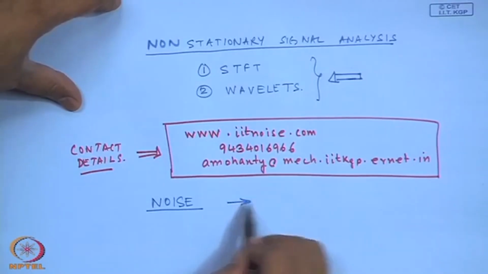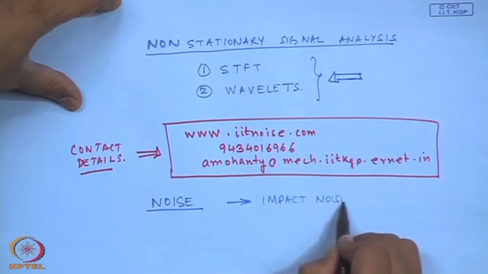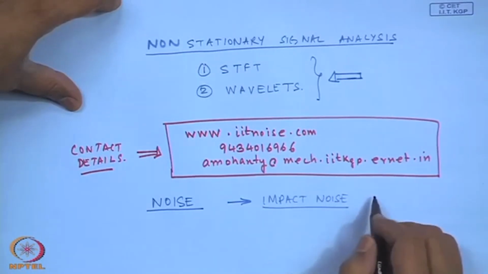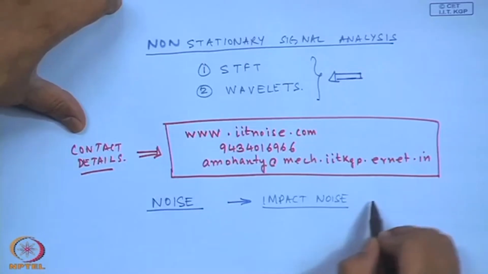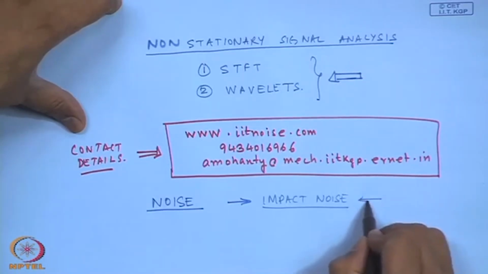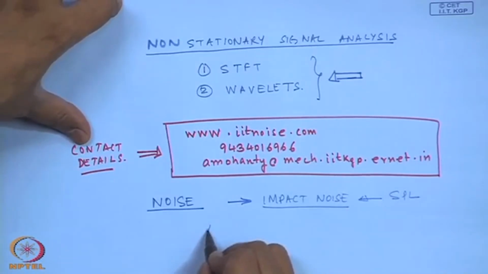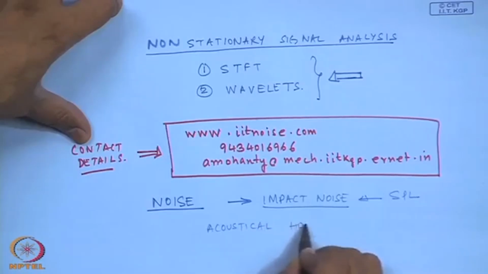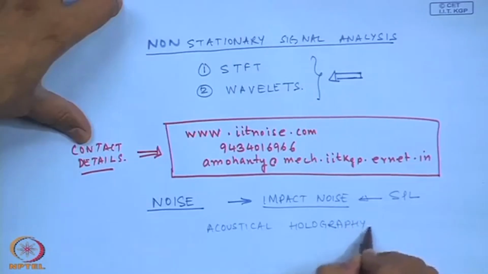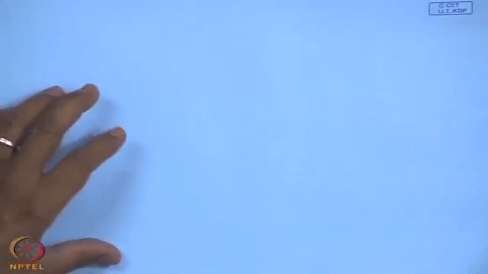So, there will be impact noise, and this noise can be captured by a process called SPL, but nowadays techniques of acoustical holography are available, by which the sound field can be detected.